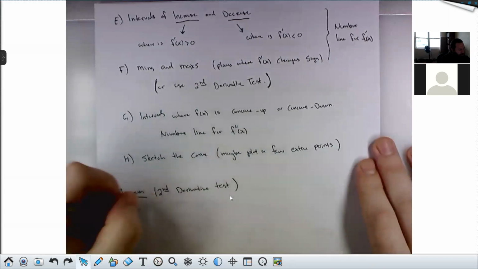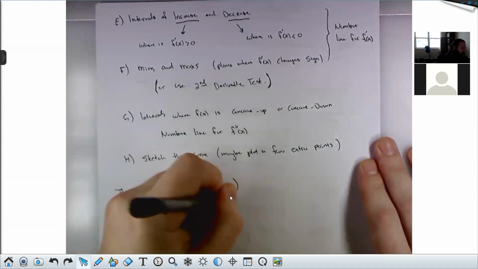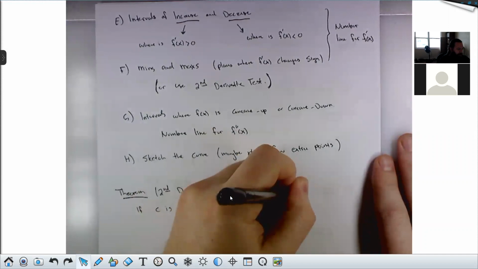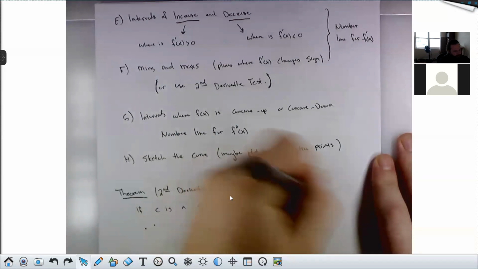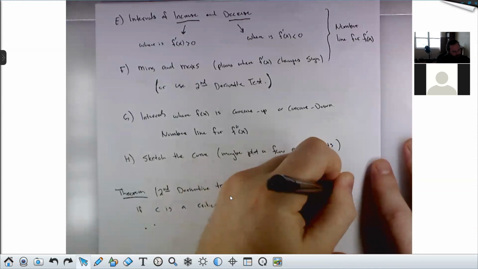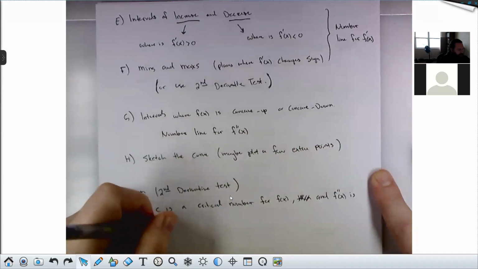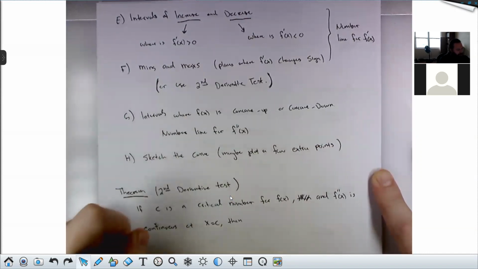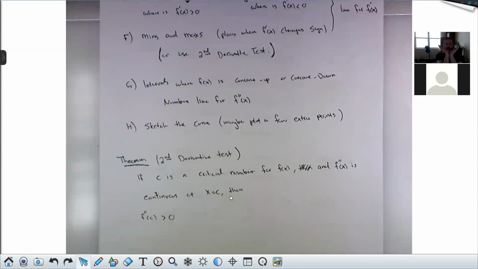This just says if c is a critical number for f of x, and f double prime of x is continuous at x equals c, then if f double prime of c is positive, so you have a horizontal tangent line, and you're concave up at that point, that means this has to be a local min.